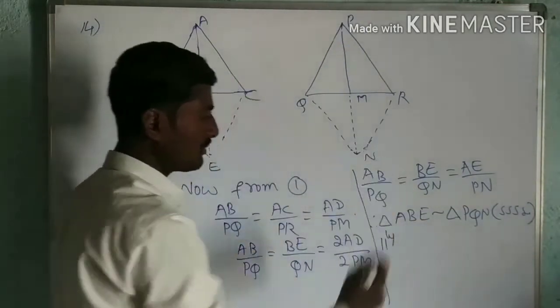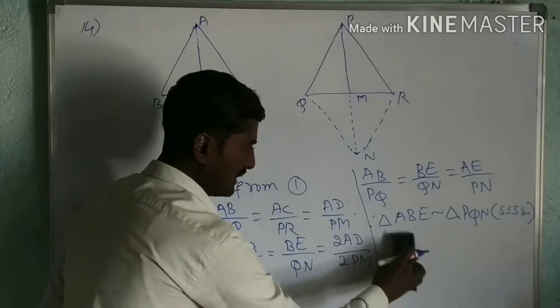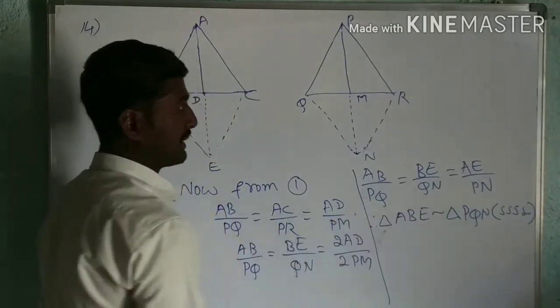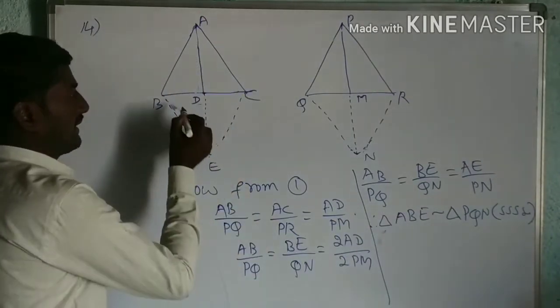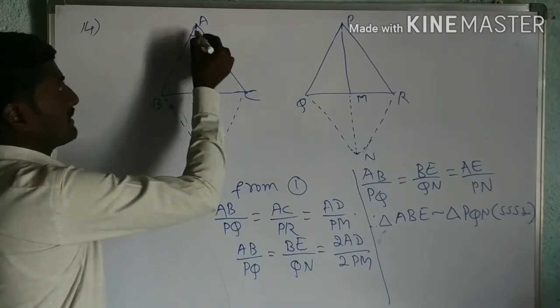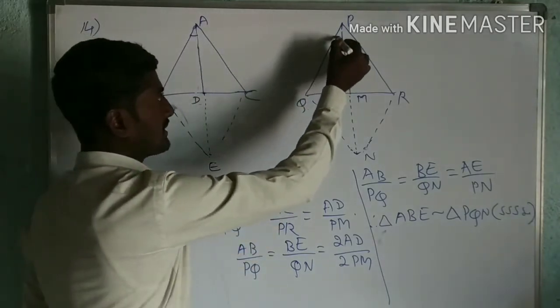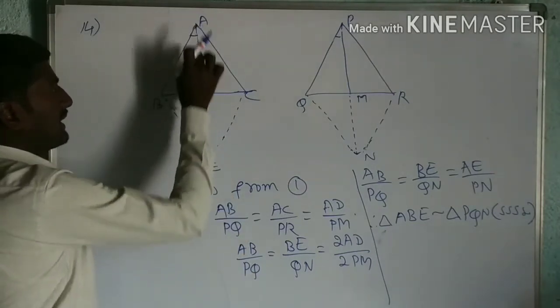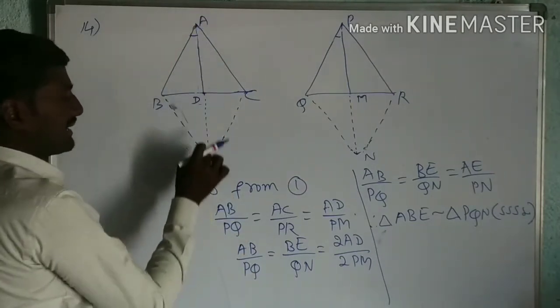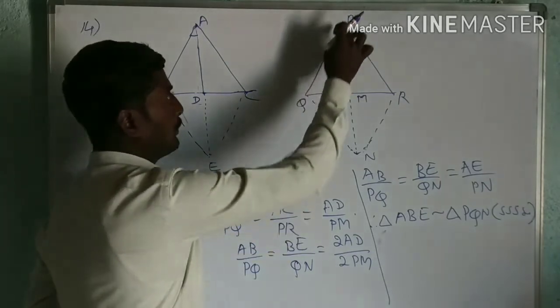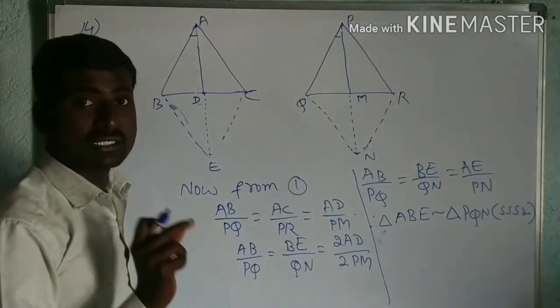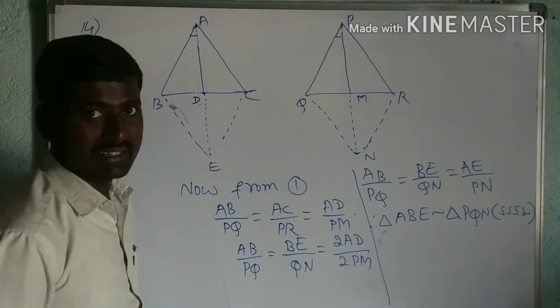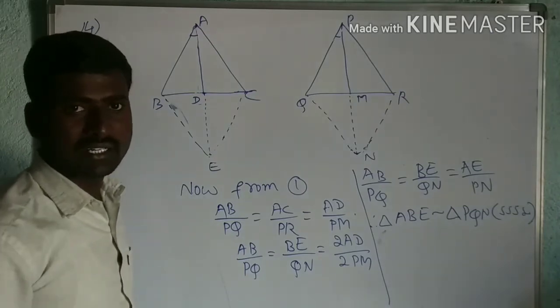Similarly, if these two triangles are similar, can I write this angle is equal to this angle? Means angle BAD or BAE is equal to angle QPN. These are the corresponding angles of similar triangles, and corresponding angles of similar triangles are equal.